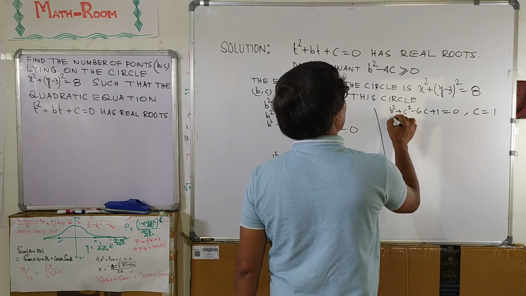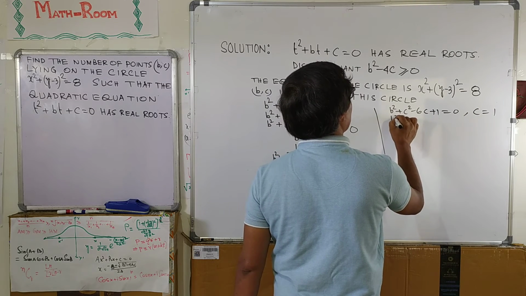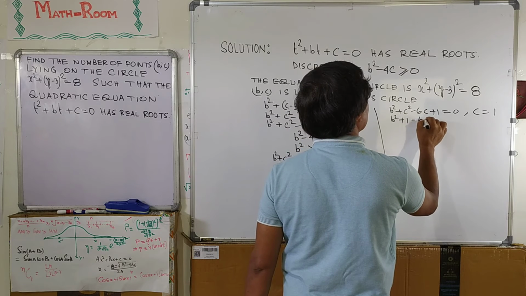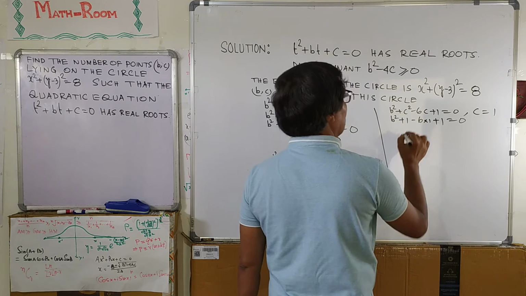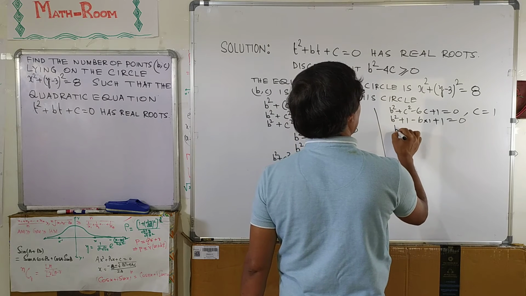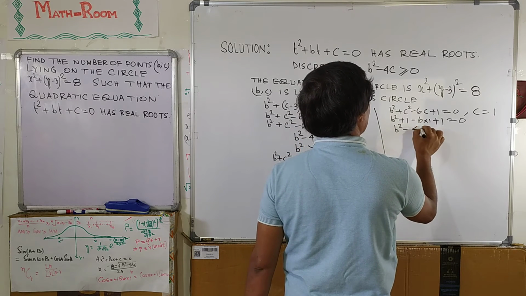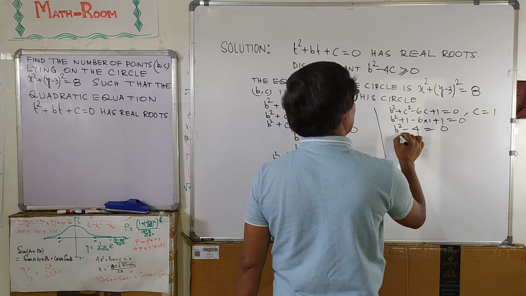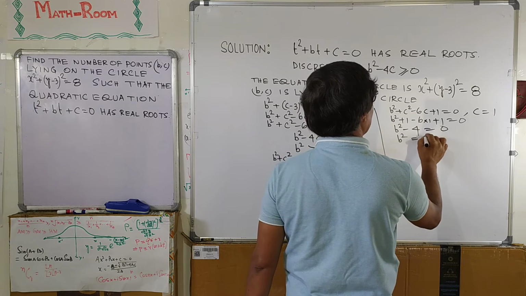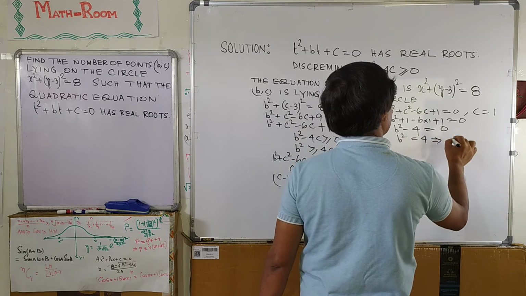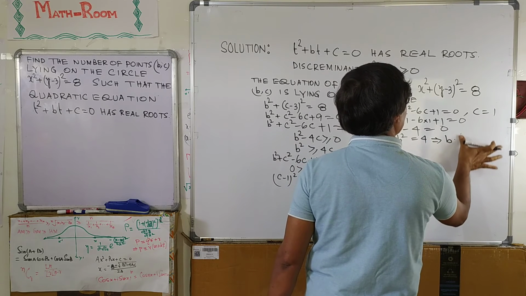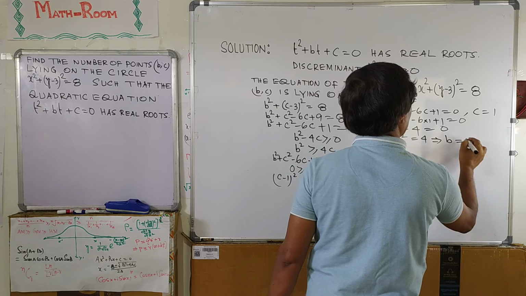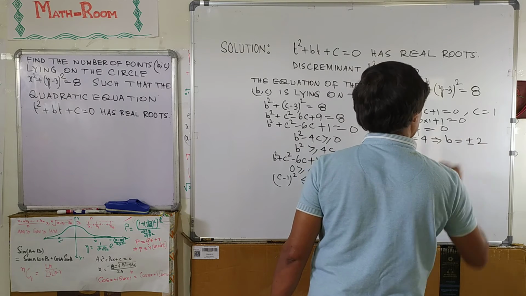So we have b squared plus 1 minus 6 into 1 plus 1 equals 0, that is b squared minus 4 equals 0. So b squared equals 4, which implies b equals plus or minus 2.